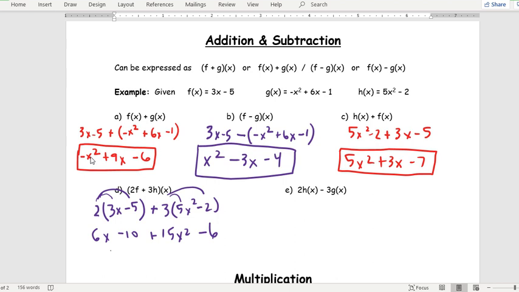Only one squared or quadratic term. So we'll write that first, 15x squared. Only one x term or linear term, a positive 6x, that comes next. And we do have two constants to combine, negative 10 and negative 6. Together makes negative 16. All right, example E, written in a slightly different way.